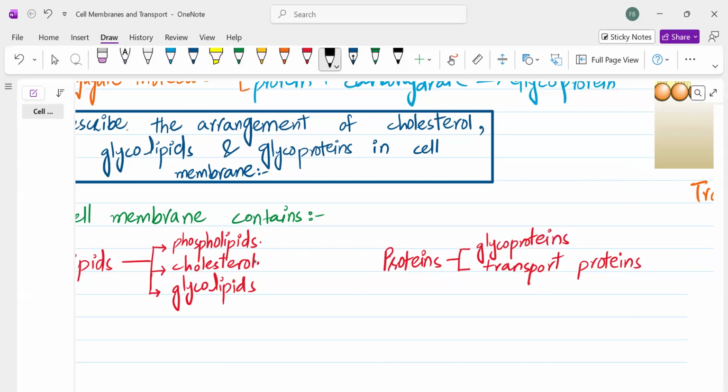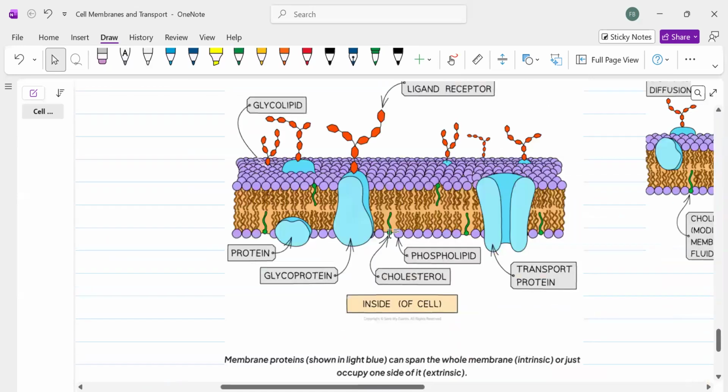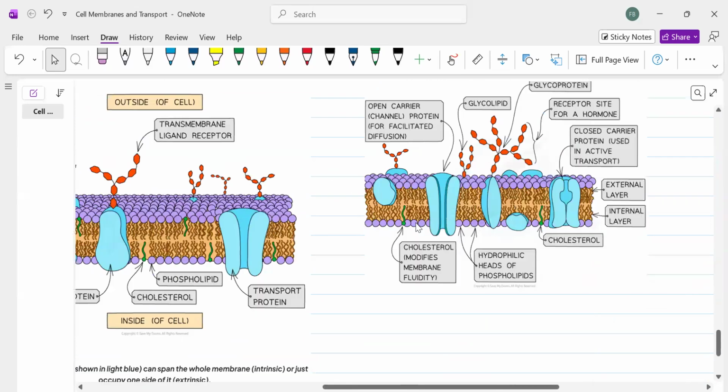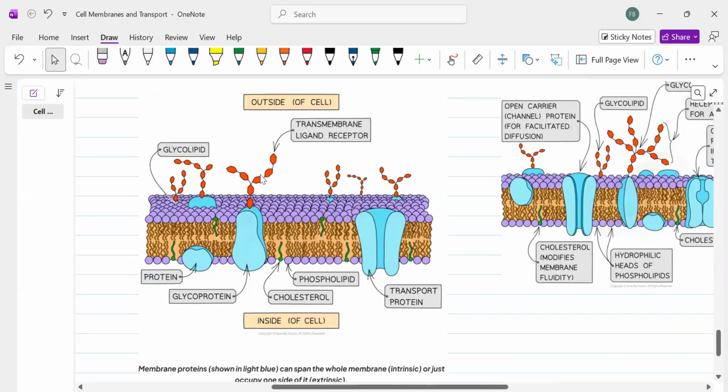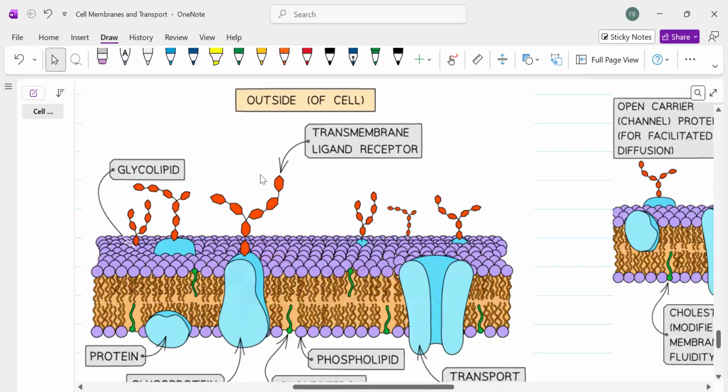One more thing about this carbohydrate part, this glyco part: they have mentioned a transmembrane ligand receptor. Now, this is what you were calling a receptor protein.